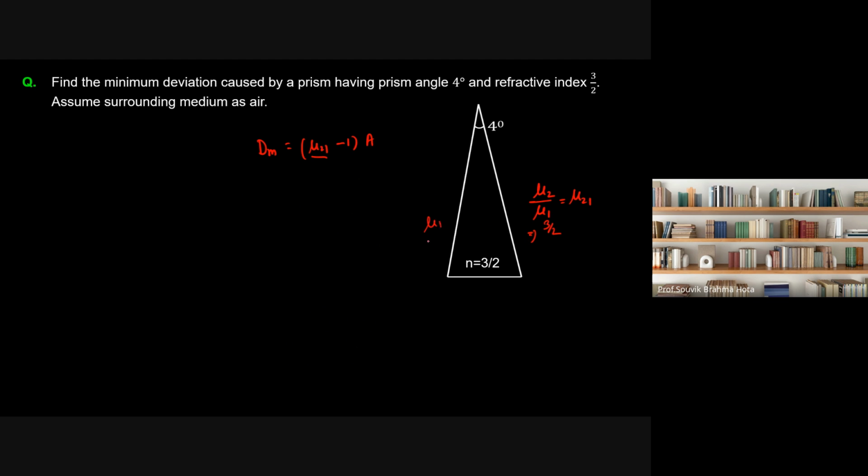Mu 1 is here, that is air, which is 1. So mu 2 to 1 is eventually 3 by 2. So you replace 3 by 2 minus 1, and this A is 4 degrees. So 3 by 2 minus 1 is what? Half, and 4 degrees. So 2 degrees is the answer.